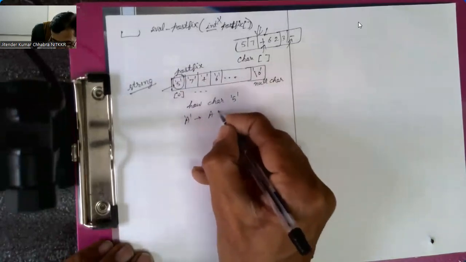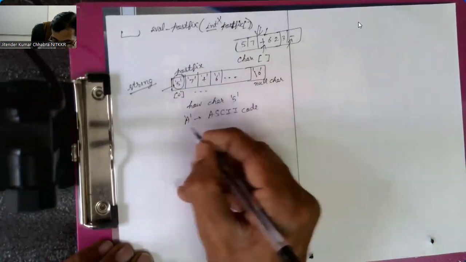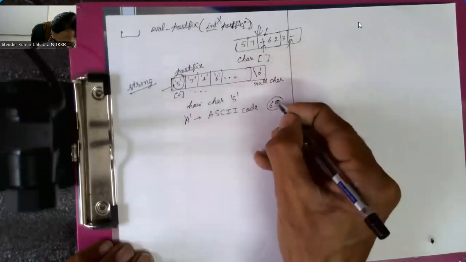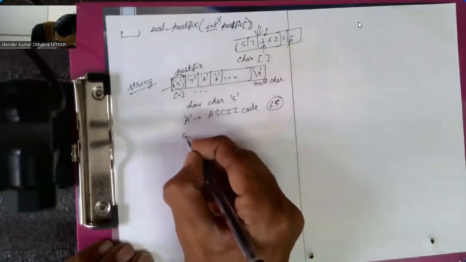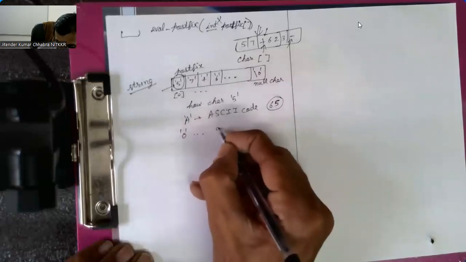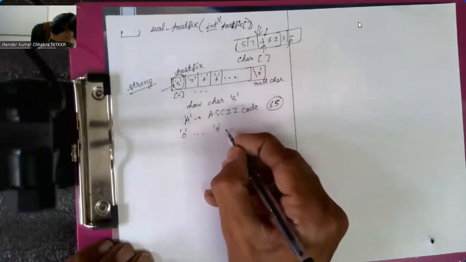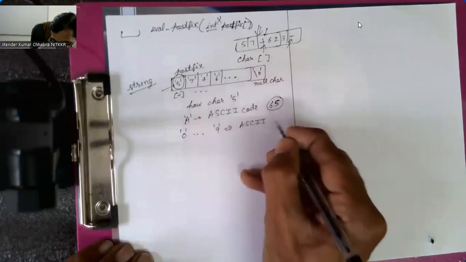So how is A stored inside? It is stored using ASCII code. You know the character alphabet A has an ASCII code. For example, you might know it is 65 probably. Similarly for small a, etc. Similarly, character 0 to character 9, they are not only digits, they are also characters. They also have their own ASCII code.